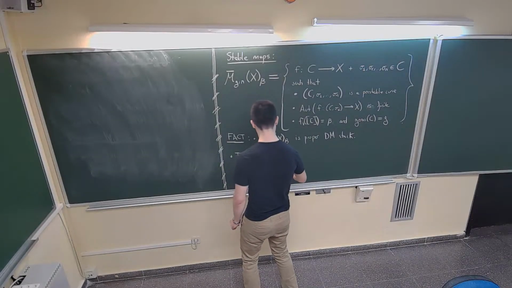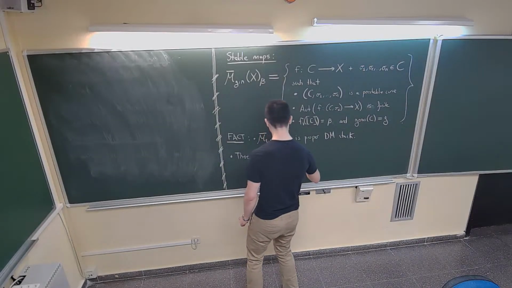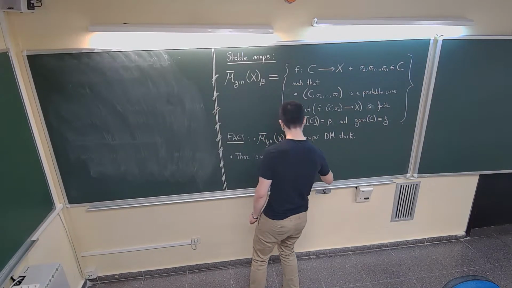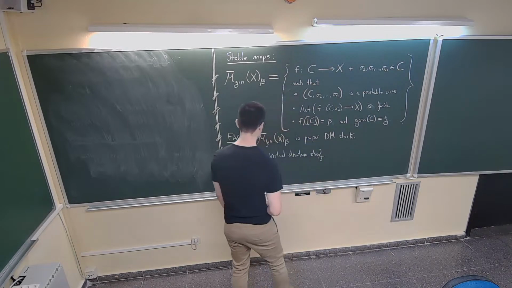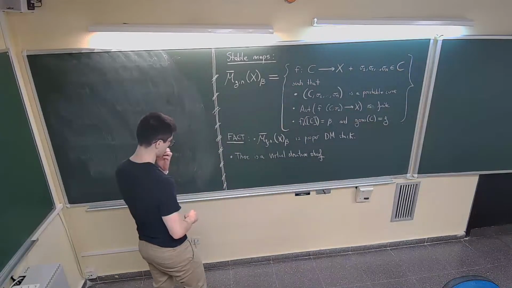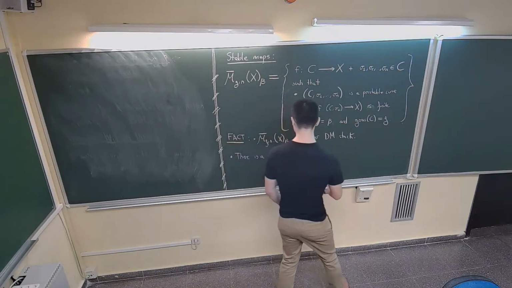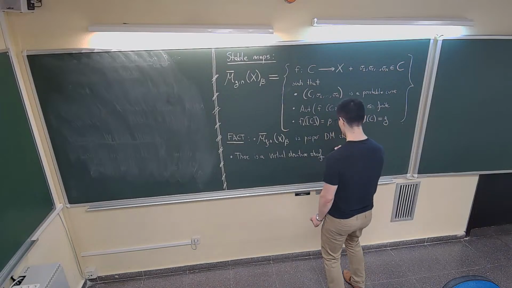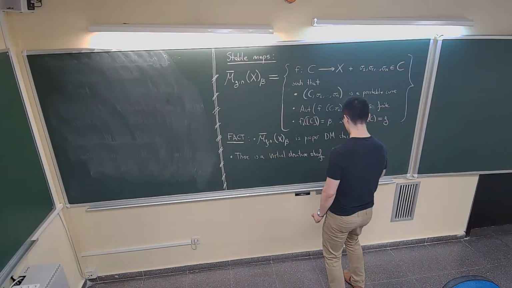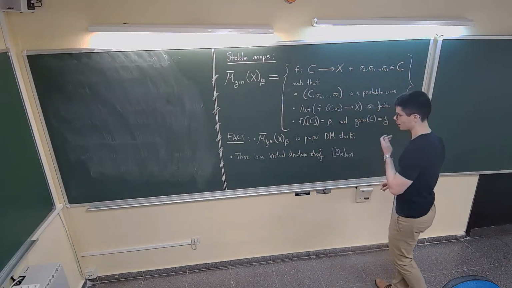virtual structure sheaf, from the fact that this is a natural quasi-smooth enhancement. And I can call it O virtual.